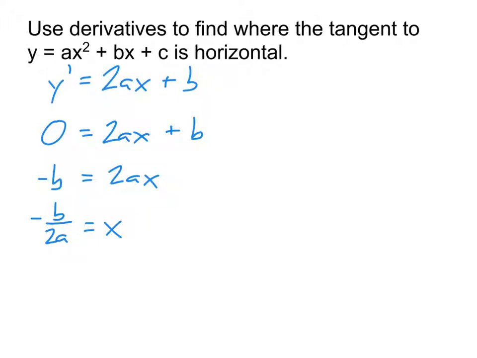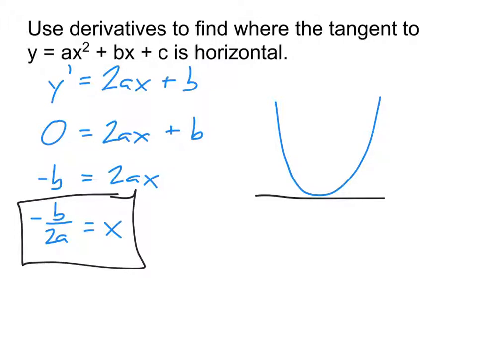Well, the vertex of our quadratic, that's where the slope is horizontal. And so we just figured out how we can know what that formula is, because we just showed how we can figure out for any quadratic where that slope is horizontal. So that's where that little formula came from.